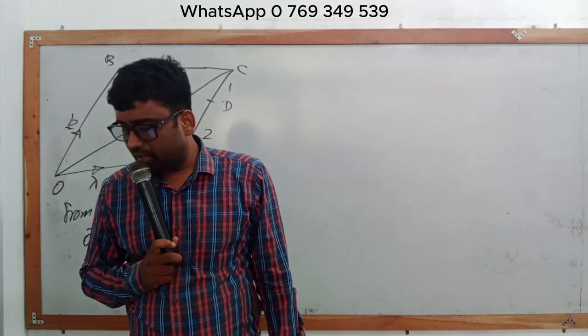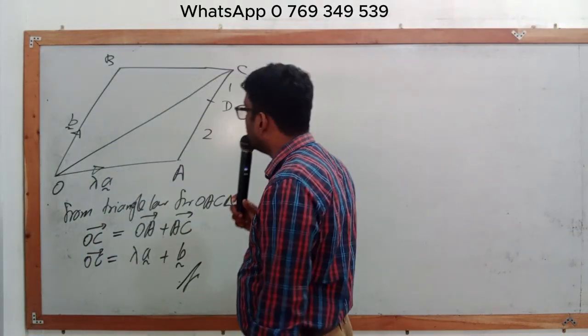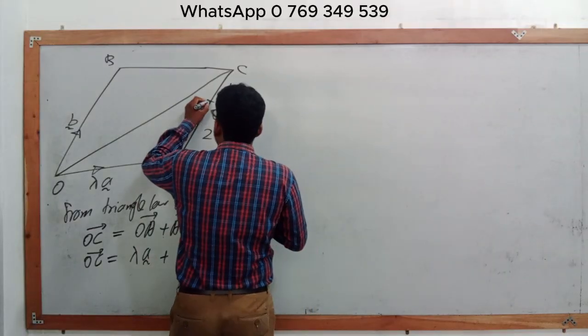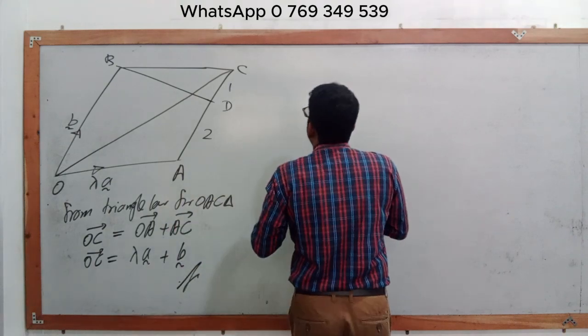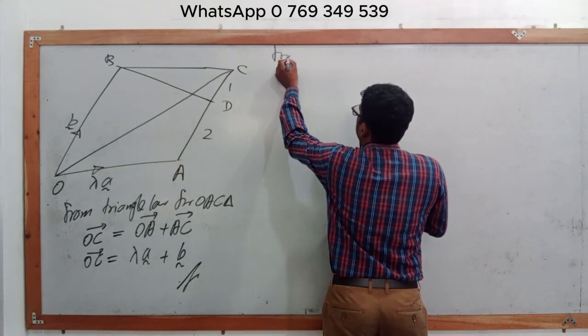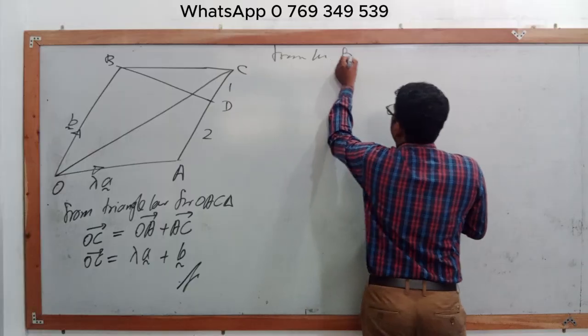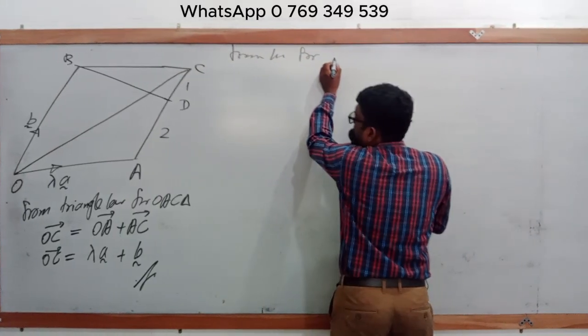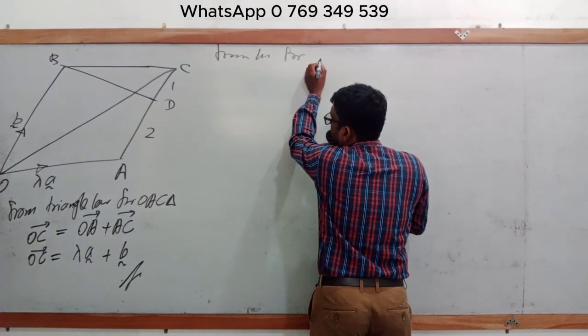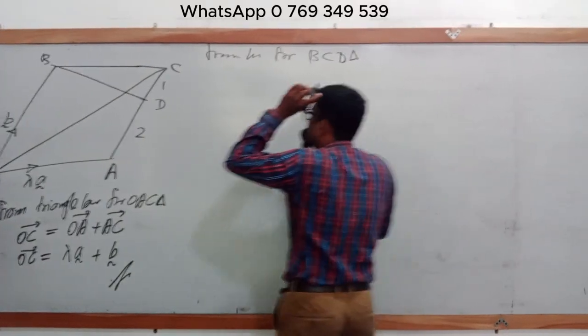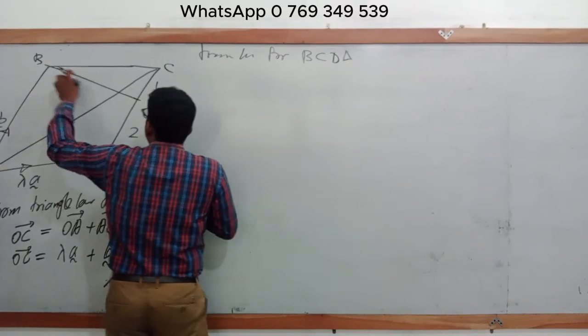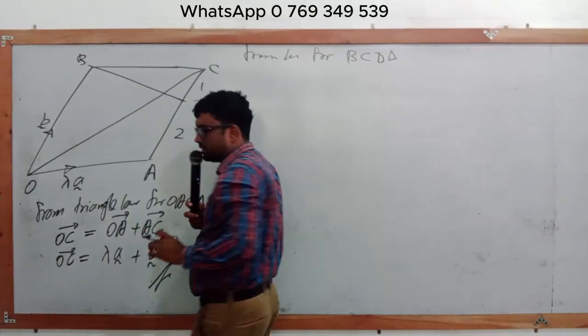And we need BD also. BD, this one. Right. Again using the triangle law for the BCD triangle. They are asking BD, no?